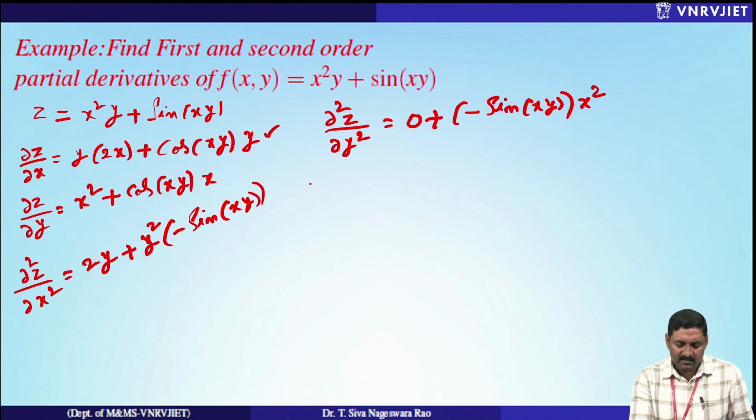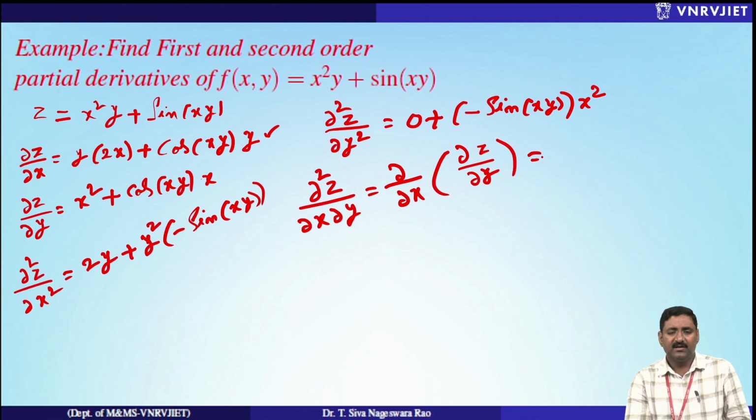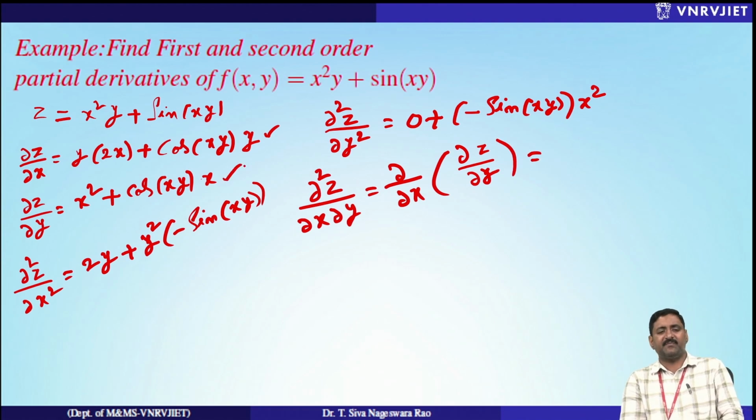Now I am going to explain del square z by del x del y. This can be written as del by del x of del z by del y. So for the del z by del y value, I am going to apply the partial derivative with respect to x.